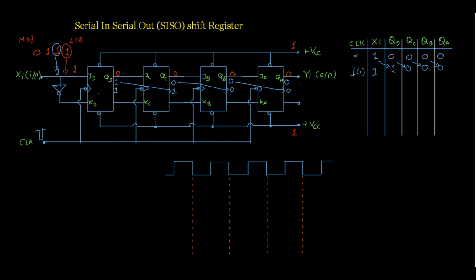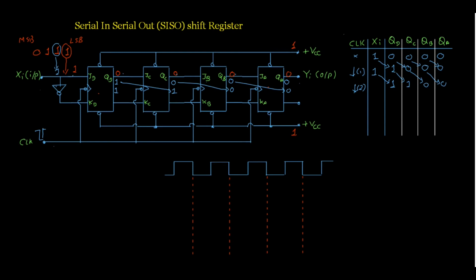So when we apply the second negative edge of the clock pulse, this 1 is transferred to the D flip-flop, this 1 is transferred to the C flip-flop, this 0 is transferred to the B flip-flop, and this 0 is transferred to the A flip-flop.